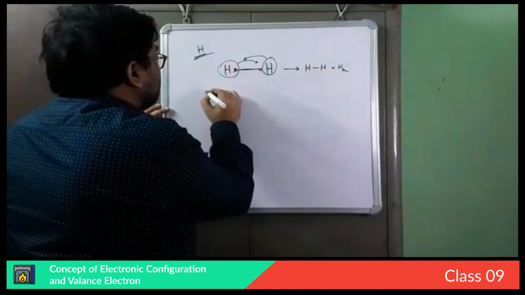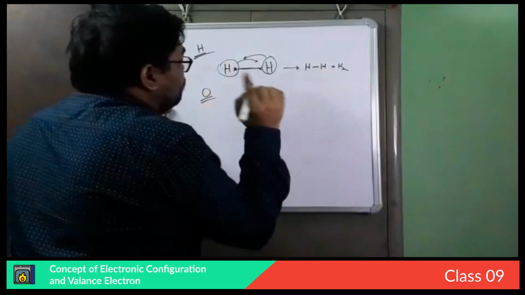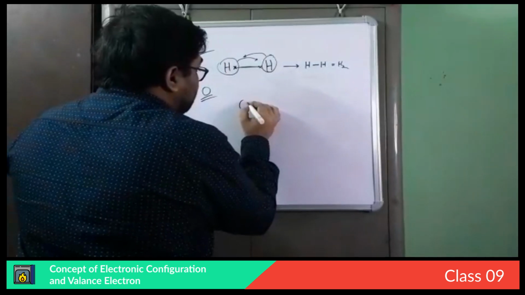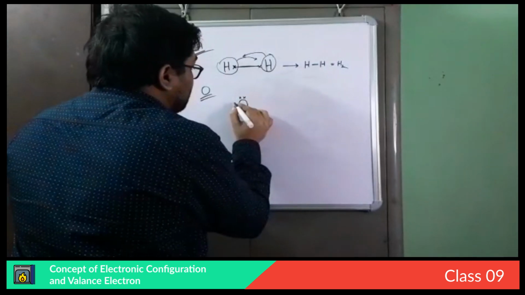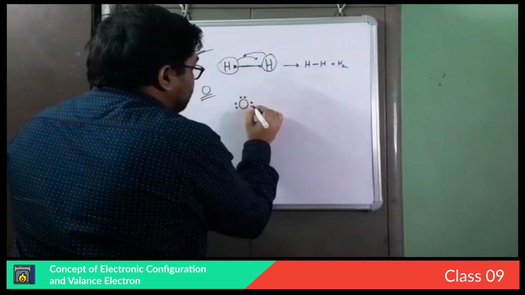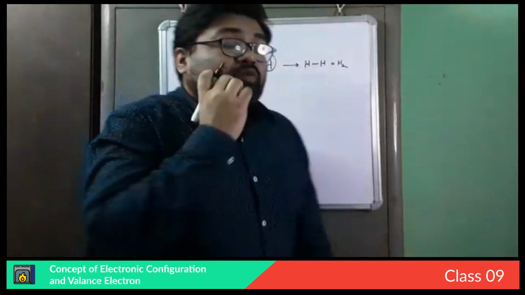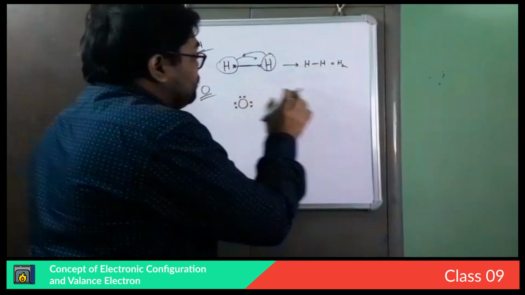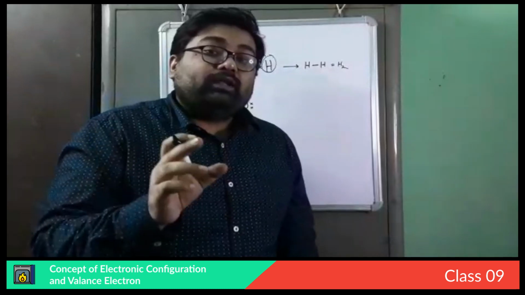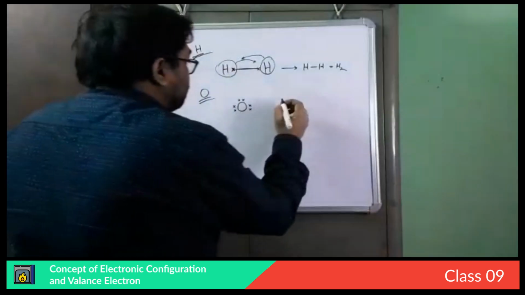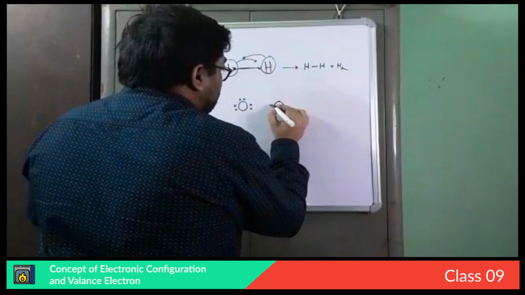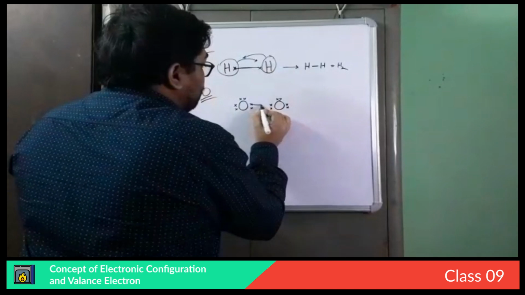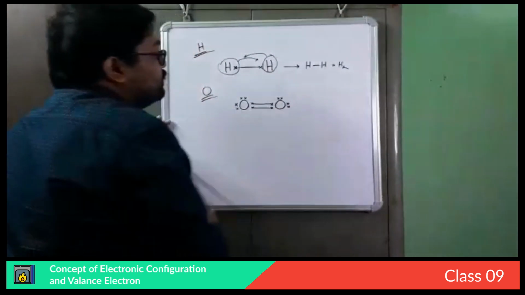Similarly, if I take an example of, say, oxygen, the number of outermost electrons for oxygen is 6. So again, I can mention it like this, right? We know the valency of oxygen is 2, so it has to share 2 electrons in order to attain the nearest inert gas configuration. So what will it do? It will share 2 electrons with another oxygen atom.